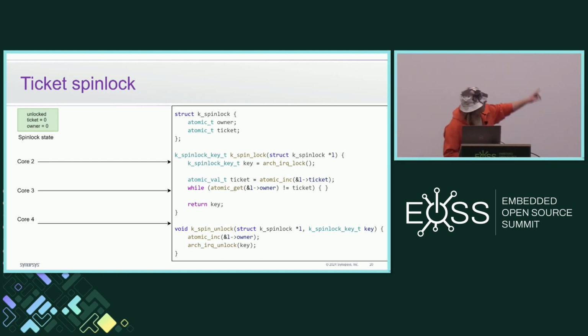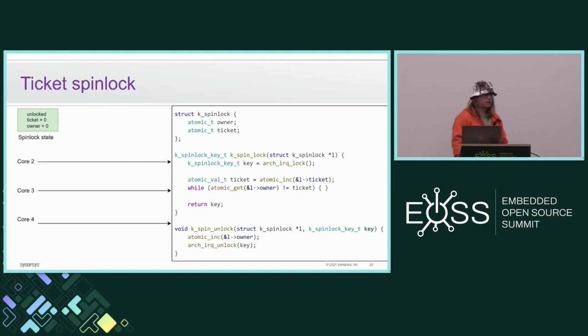So in the left part, there is a diagram. It shows how multiple cores would try to take this spinlock and what internal states we will have. The cores are numbered starting with 2 instead of 0, just so as not to be confused with the owner number. This owner doesn't relate to CPU ID at all.